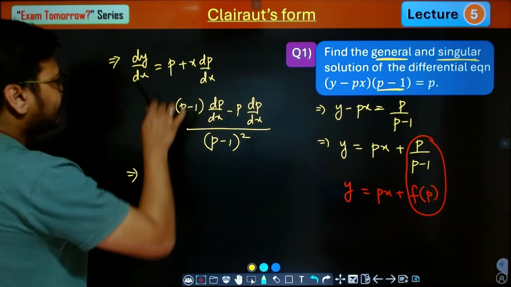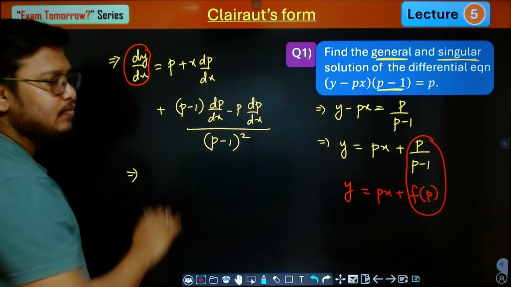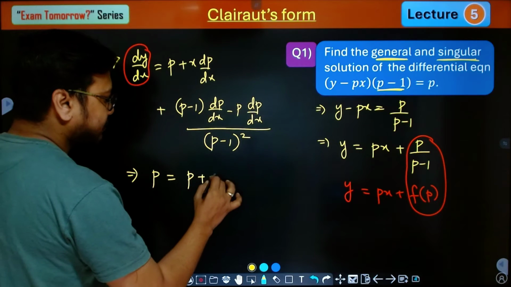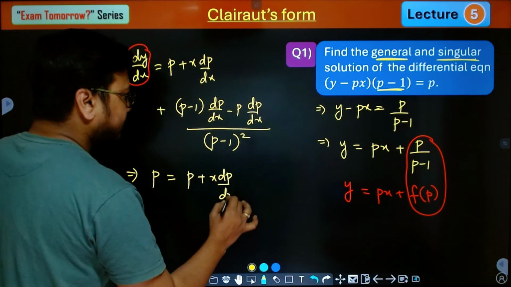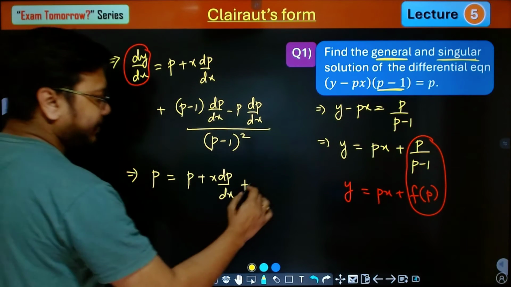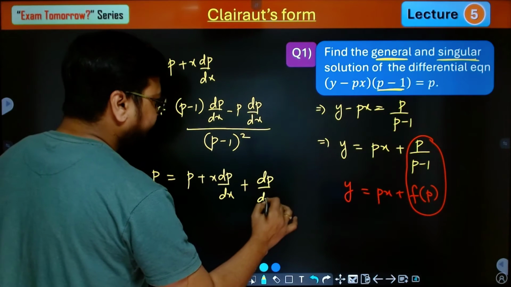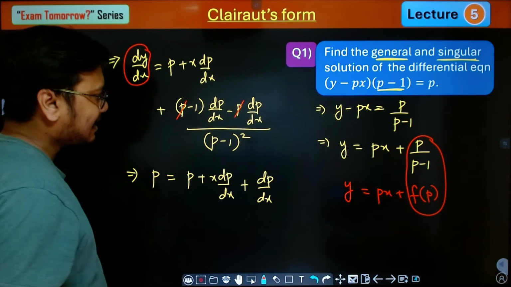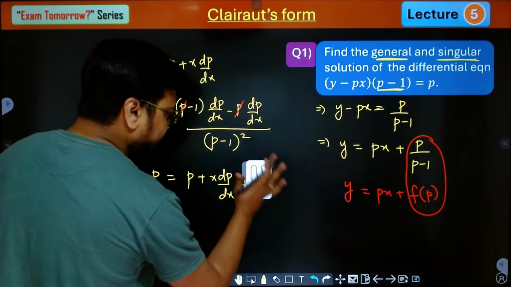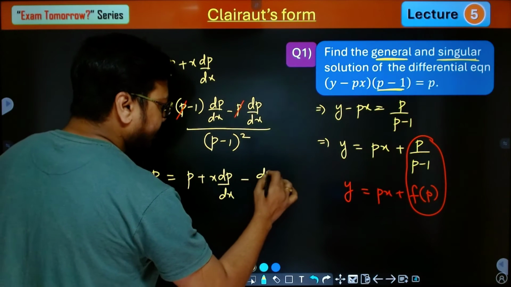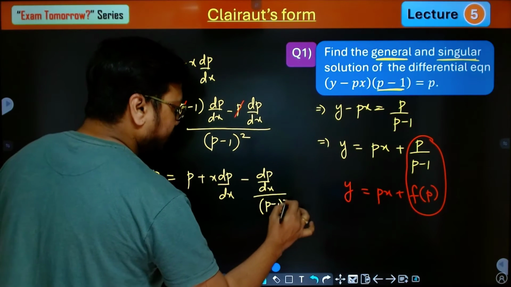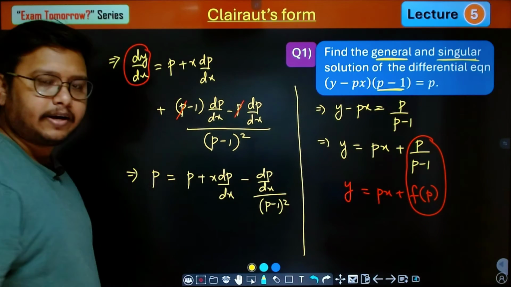Now what we can do is, in place of dy/dx, we can write it as p. So this is p equals p plus x dp/dx, plus we can take a dp/dx common from this part, and we can see this p and this p would get cancelled. So basically we'll just have a minus dp/dx divided by (p minus 1) whole square, right?